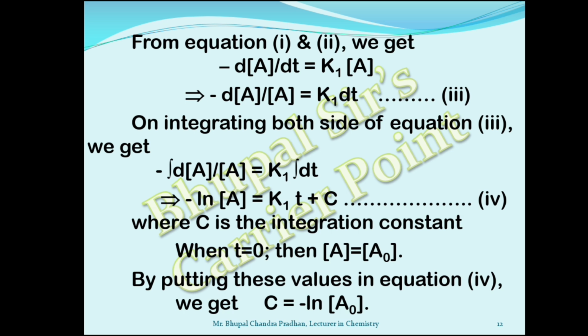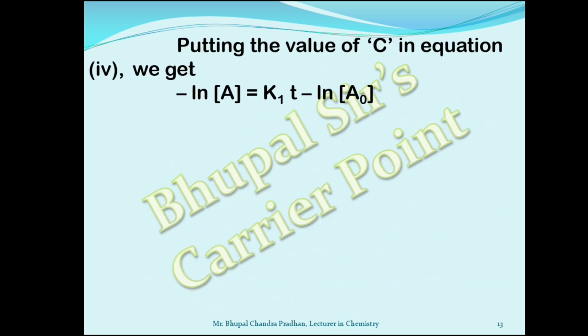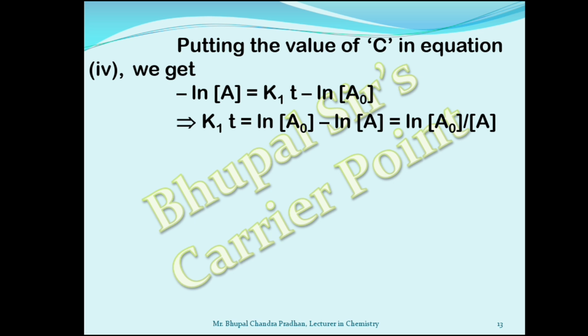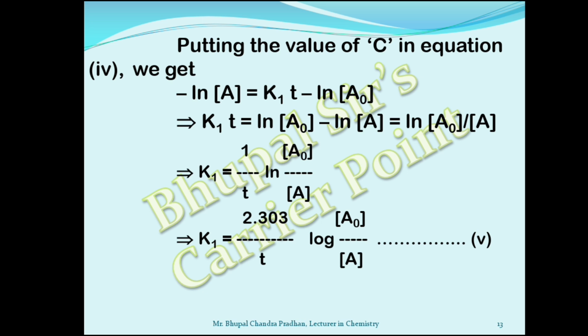Now, by putting the value of c in equation 4, we get minus ln A is equal to K1t minus ln A0, which implies K1t is equal to ln A0 minus ln A. Log A minus log B is equal to log A by B, so ln A0 minus ln A can be written as ln A0 by A. This implies K1 is equal to 1 by t ln A0 by A. Converting the natural logarithm, this equation can be written as K1 is equal to 2.303 by t log A0 by A. Let it be equation number 5.